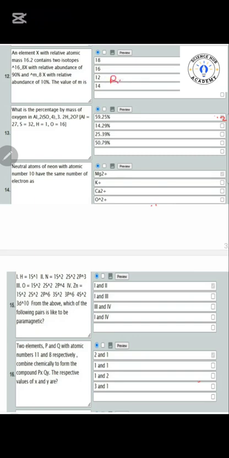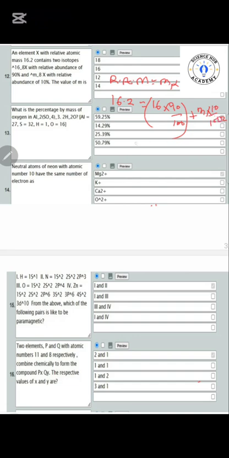So we continue, we take it this way. RAM equals M1 alpha 1 plus M2 alpha 2. So the relative atomic mass was 16.2, so that is equal to the value of M1, which was given to be 16, multiplied by alpha 1, that's 90%, that's 90 over 100, then plus M2, which is M, multiplied by alpha 2, which is 10 over 100.